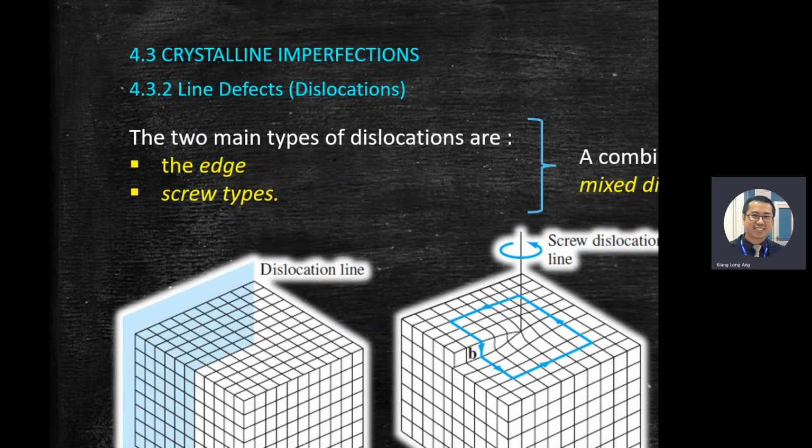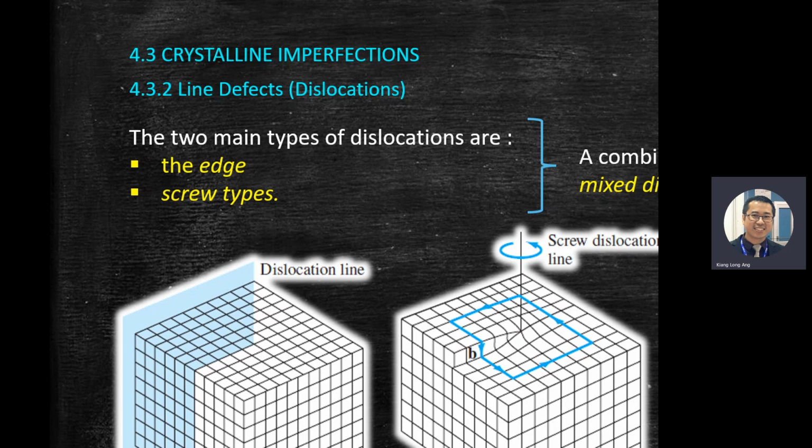Now we look at screw. Let's say you have a material here, and you cut the material in the highlighted region, like what you see here. When you cut it, the atoms will try to move up and down because there's free movement between the layers.